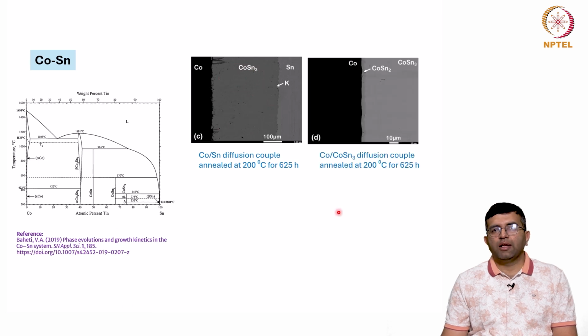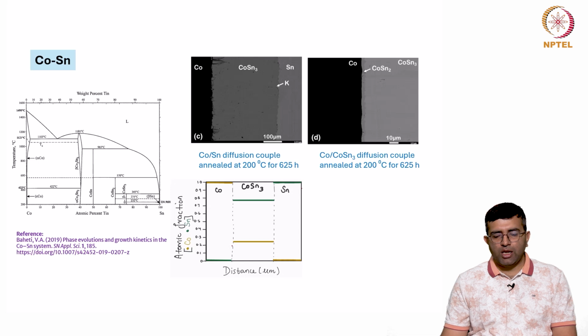And this is an example of a cobalt and CoSn3 couple, where the CoSn2 phase, which is somewhere here, grows when you form a diffusion couple of cobalt and CoSn3. If you try sketching the profile in both these cases, this is pretty straightforward.